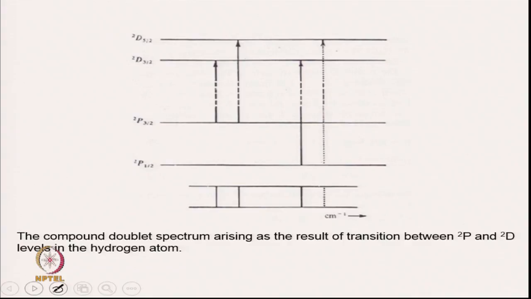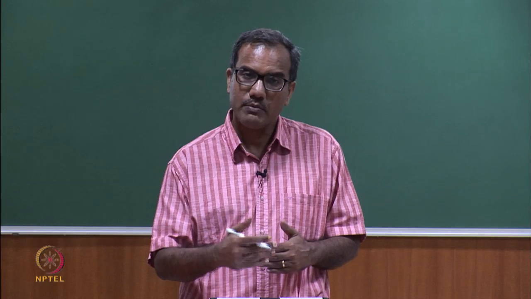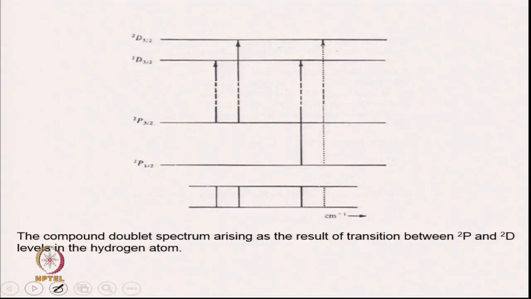So, now what we are showing is a compound doublet spectrum arising as a result of transition between 2p and 2d levels in hydrogen. Before that I discussed transition from s to p level. Now, I am showing the transition between p level and d level.